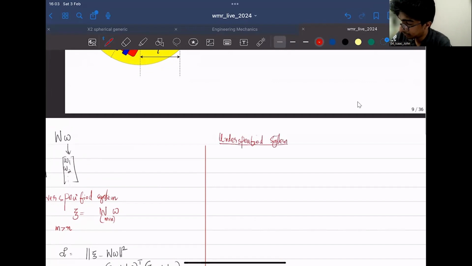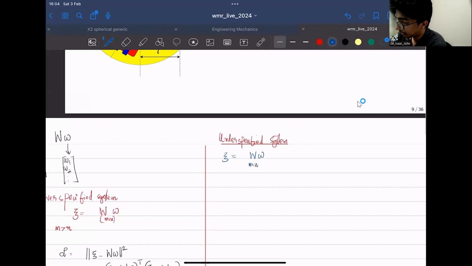again, if I represent the wheel kinematic model of a mobile robot as theta equals W times omega, the underspecified system would mean the number of control variables would be much higher than the control input.